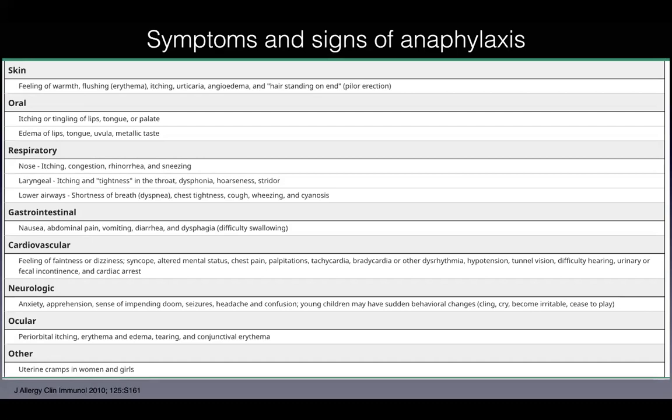In the oral cavity, itching or tingling of the lips, edema of the lips is a possibility. Respiratory, some features might come. Gastrointestinal, cardiovascular, and neurologic features may come, that is anxiety, apprehension, sense of impending doom. Ocular, periorbital itching, and sometimes uterine cramps in women and girls. That also we have to keep in our mind.